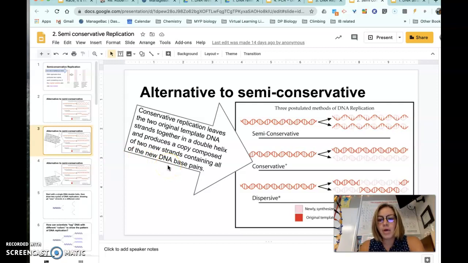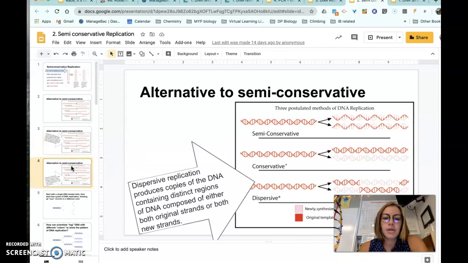This doesn't work out because there's no easy way to read that DNA strand to make a new strand. The new strand just kind of appears. The other alternative is called dispersive replication. This is where it produces copies of the DNA containing distinct regions of DNA, so like some old, some new.